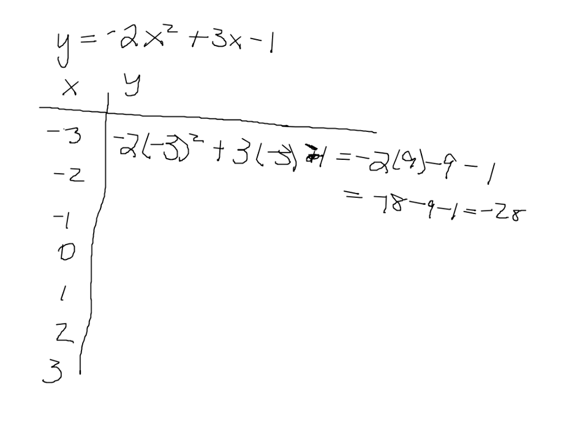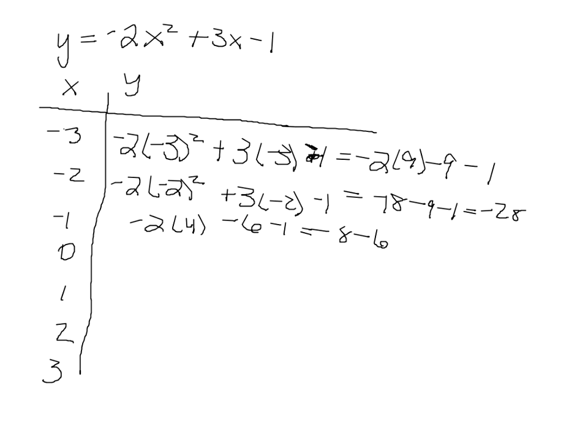So that's a really big number. -2 times -2 squared plus 3 times -2 -1. Okay, so that's going to give me -2 times 4, -6, -1. So -8 -6 -1 is -15.